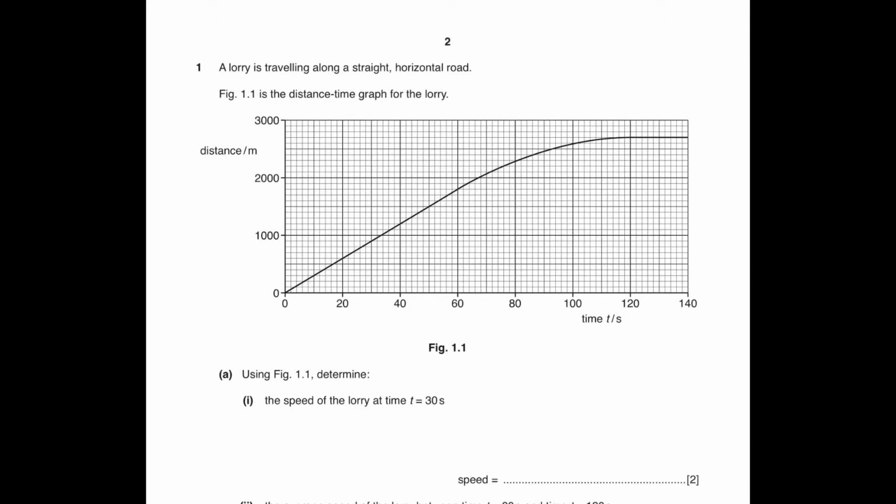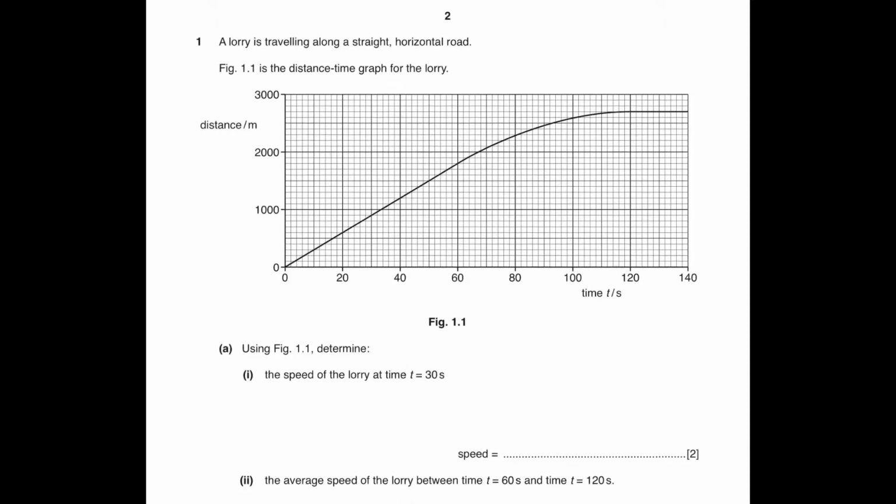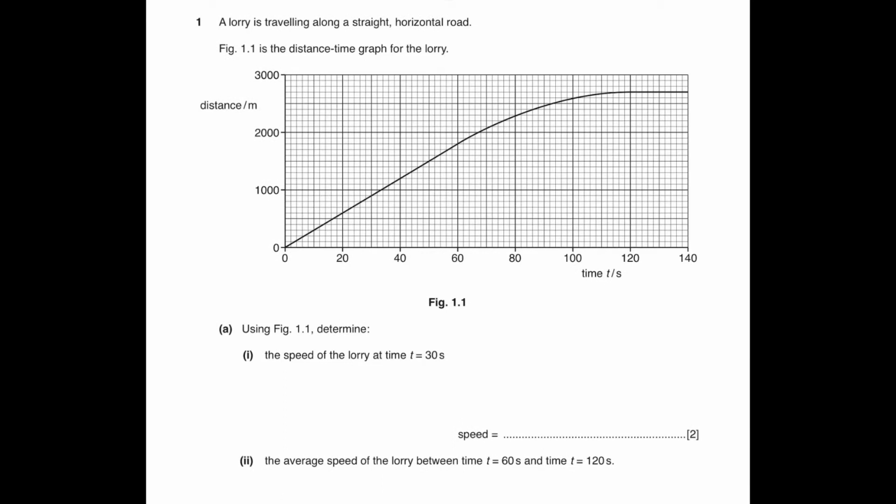Okay, so dalam soalan ni diberikan distance time graph for the lorry. So A, you are required to determine the speed of the lorry at t equals to 30 second. Right, so first of all kita akan cari di mana kedudukan t equals to 30 second. So t equals to 30 second di sini.